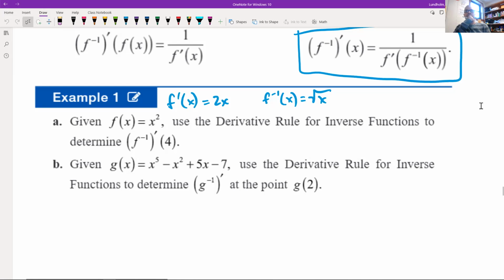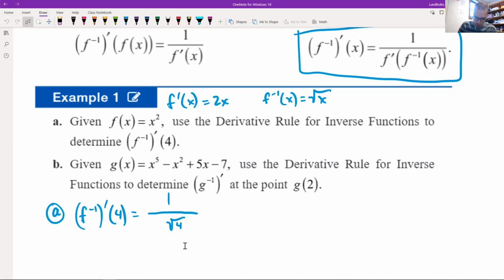But yeah, once you have that, for part A, the derivative of the inverse function is 1 over, on the outside, the derivative of f, and on the inside, the inverse of f evaluated at our x value 4. So we're going to have the inverse on the inside. So that's f inverse of 4.